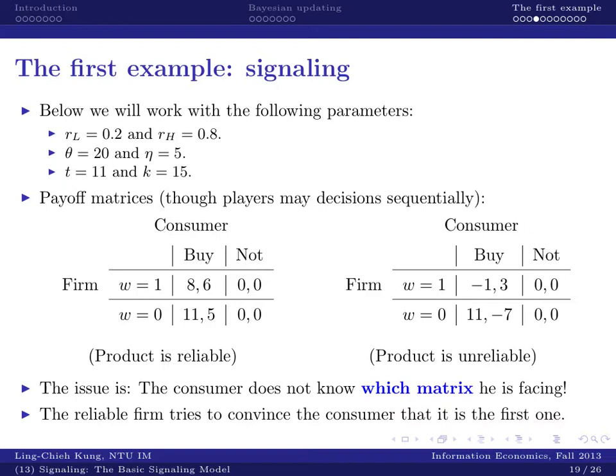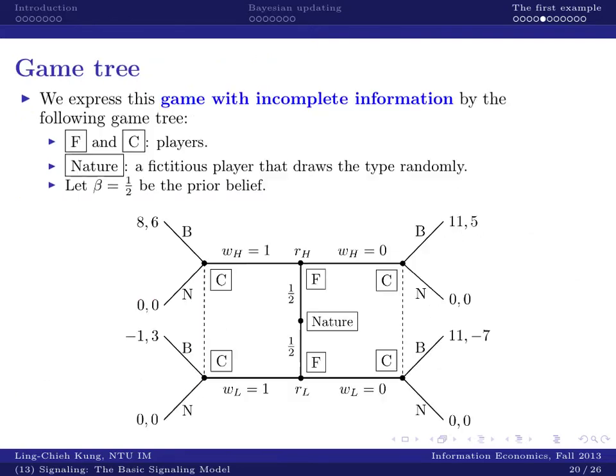So the challenge for the reliable firm is to convince the consumer that it is the first one, because in that case the consumer will be more willing to buy this product. So here, the warranty serves two functions. It may first attract consumers by providing protection or insurance, and second, signal the reliability.